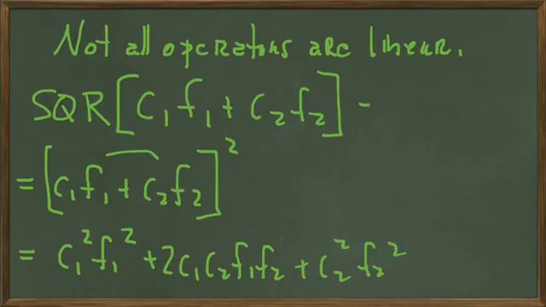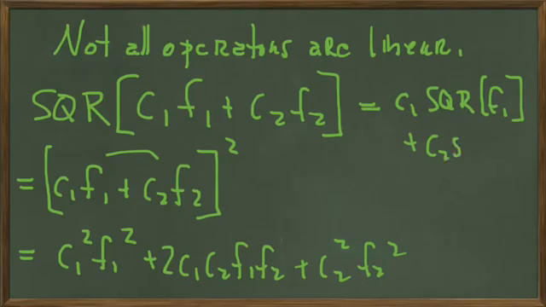So the question is, does this equal c1 f1 squared plus c2 f2 squared? And it should be fairly obvious that it does not. We have to take a closer look at what we have here below to see that it does not. You can actually identify several problems, right?